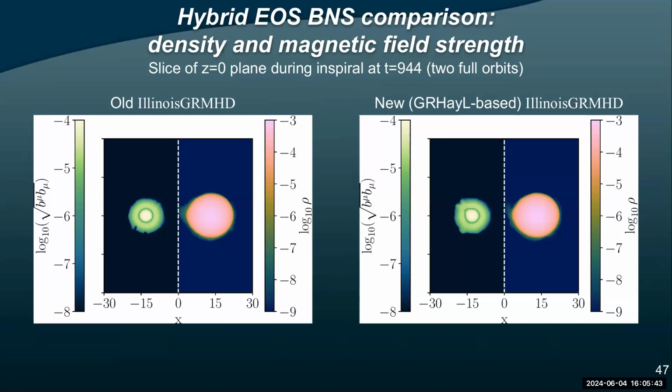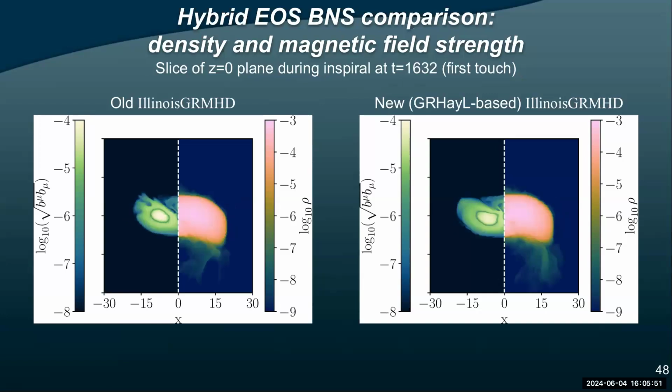The new one still has some bumps in it, but in our opinion, it's much closer to what one might think it should look like. As we go into the merger, this still looks reasonably smooth, while those chips just get bigger and bigger as they distort those weird parts on the surface.